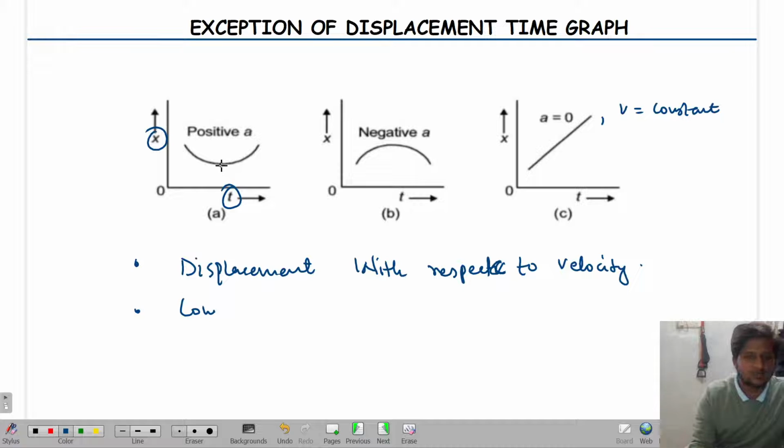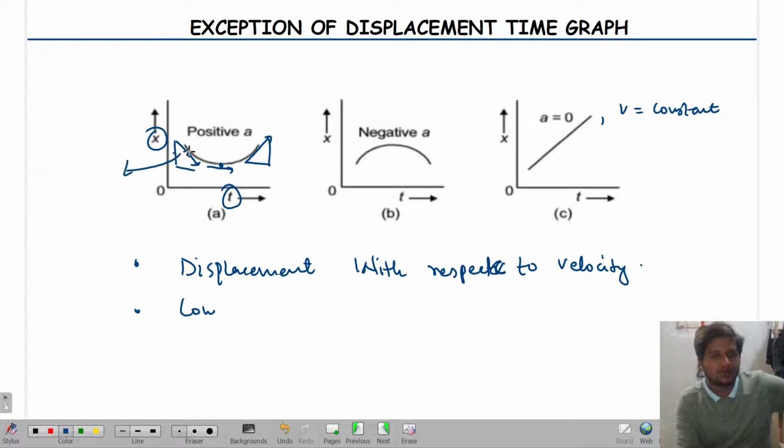Let's suppose you consider a tangent at this point, then a tangent at this point, then a tangent at this point. When you have drawn the right angle triangle over here, what do you observe? That initially you have negative velocity, yes or no? Slope of the displacement time graph is going to give you velocity or not?